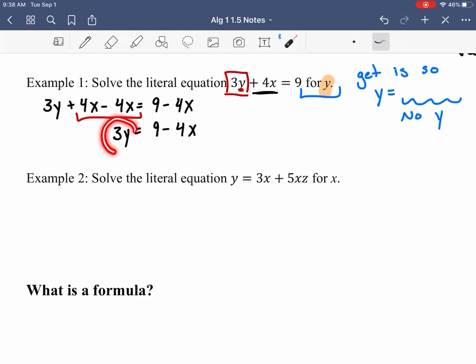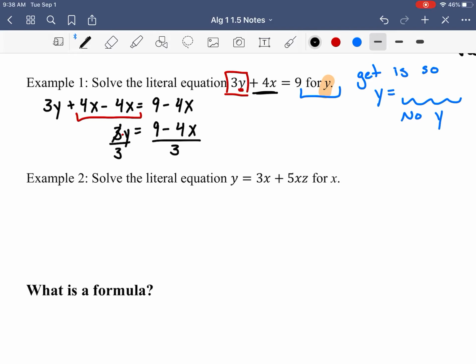This y term is over here by itself, but right now it's multiplied by 3, because if there's nothing written in between this 3 and this y, it's a multiply. So to undo a multiplication, I need to divide both sides. We're going to use the fraction bar to divide from here on. So we're going to divide both sides by that 3.